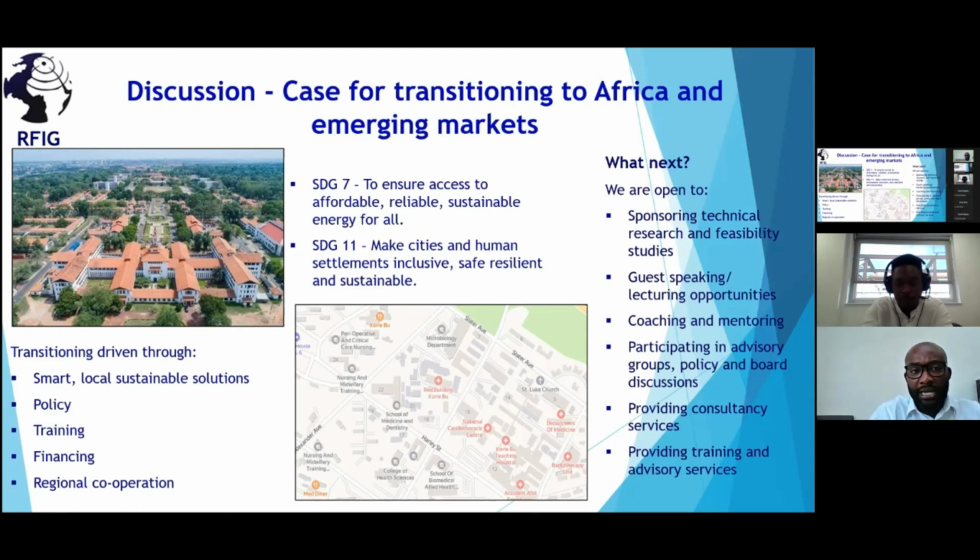It's just to highlight how important and how efficient district energy is in highly populated areas, such as these two examples. We can discuss transitioning through smart, local, and sustainable solutions. We've mentioned policy, the people's aspect through training, access to finance, and regional cooperation.